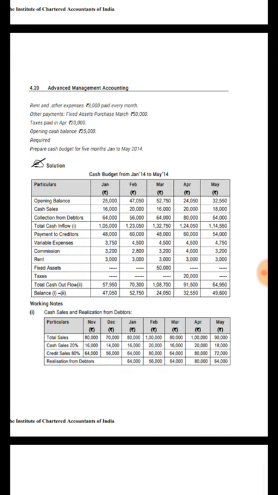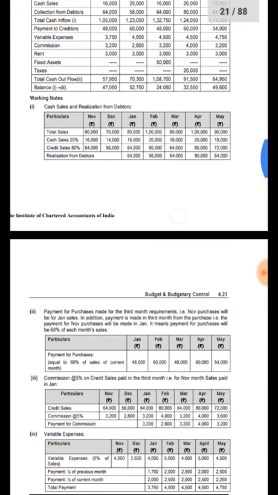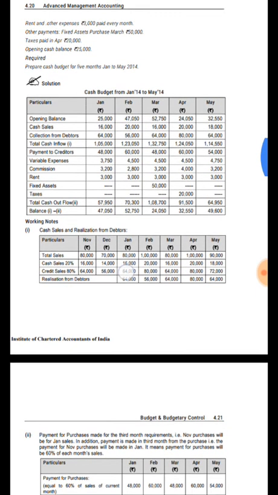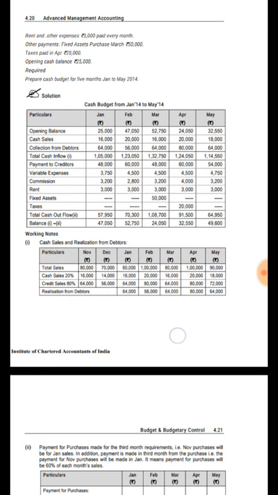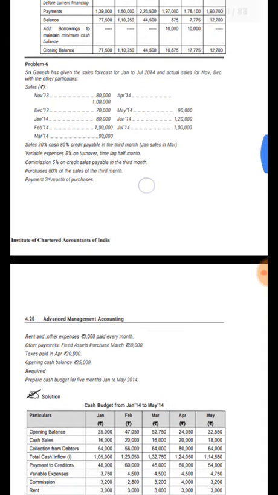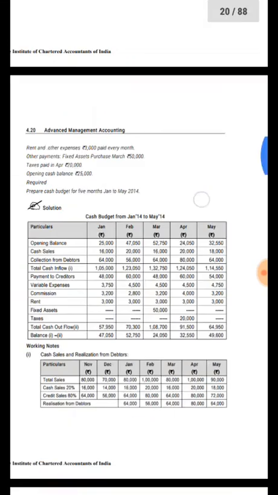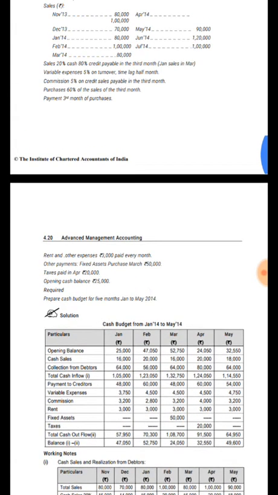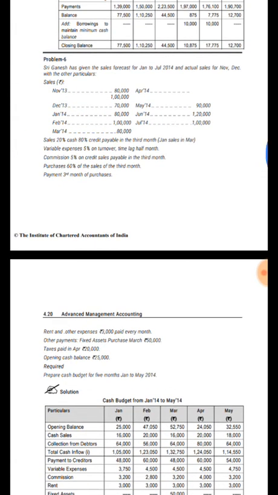Likewise we will do this realization from debtors, and we already have the cash sales of that particular month. So sales we got. Now first let's finish the working out, then we'll get into the main table. Then variable expenses, 5% of turnover, time lag half month.